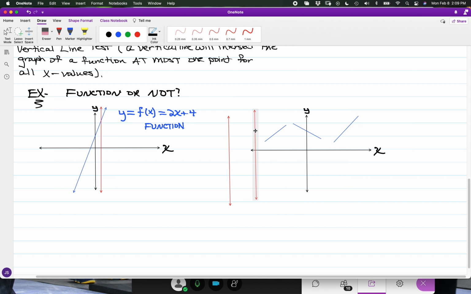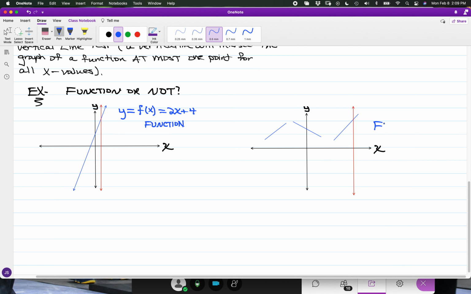If I start to run through and get near the first line segment, you have intersection at most one point. Now there's no intersection here because there's a gap between the line segments. But just running through, still intersection at most one point. Now we have no point. And for all x values, you're going to have intersection at most one point. And so this is a case of a function.